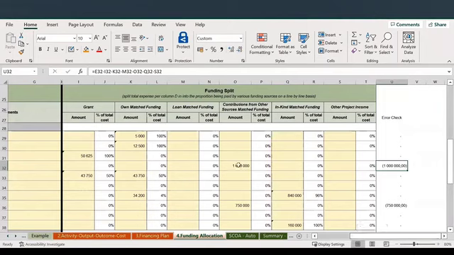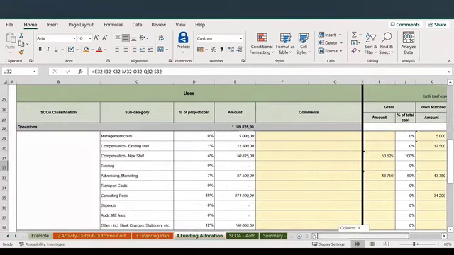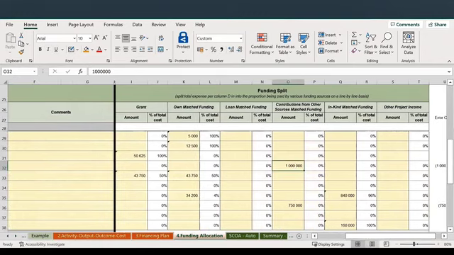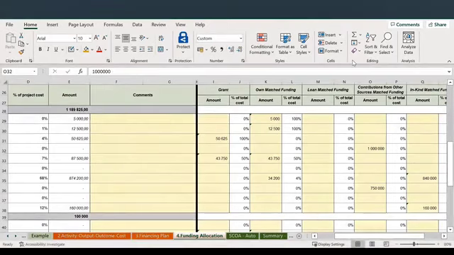So it means that I need to go back and check why, because I have nothing allocated under training. However, I have placed something, I've placed 1 million rand under training. The culprit has been identified.